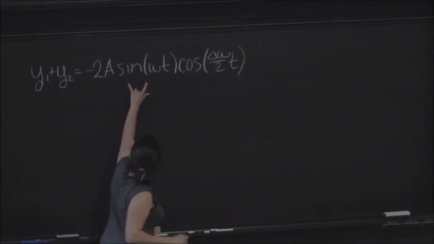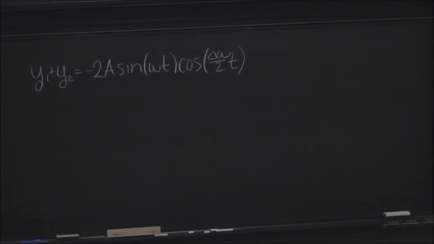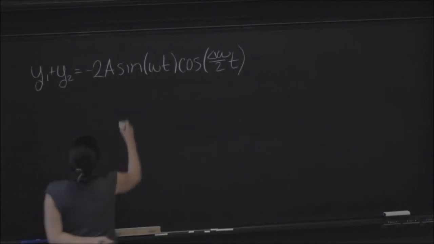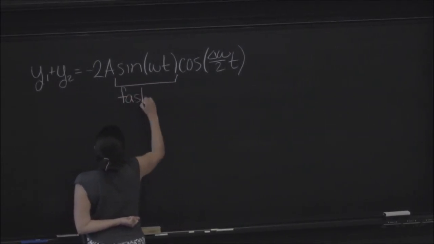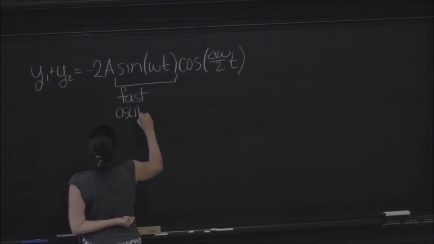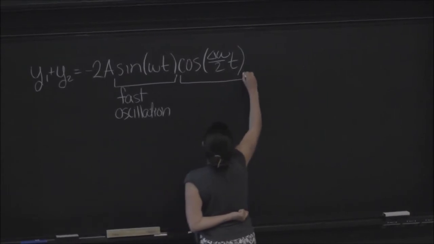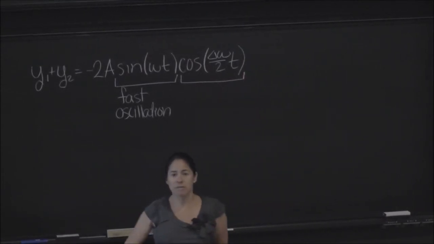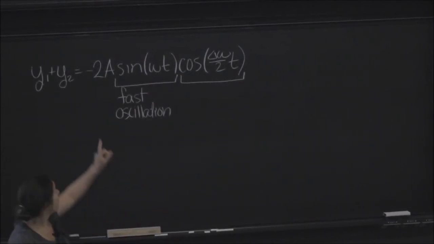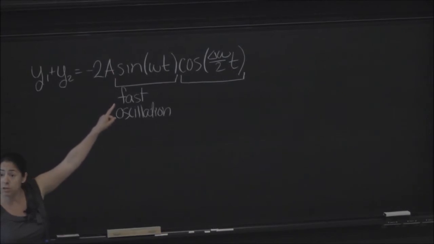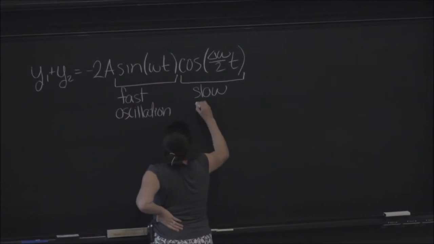Here we have a term that's oscillating pretty quickly at a frequency omega. This is a fast oscillation. This other term is oscillating at a much slower frequency. It's oscillating at a frequency that goes as the difference between omega 1 and omega 2, so that's much, much slower. So this is like a slow, let's call it an envelope.